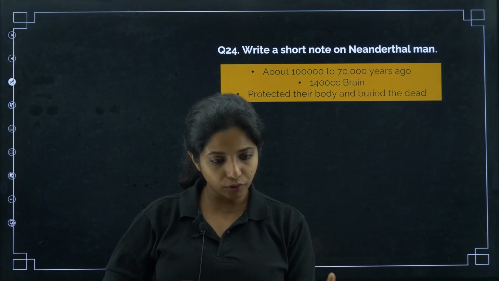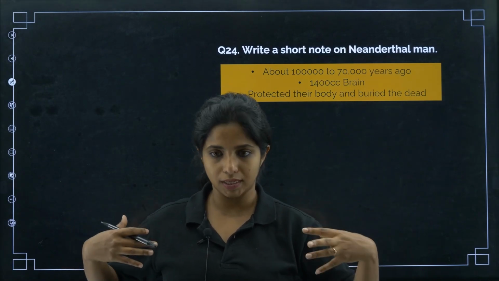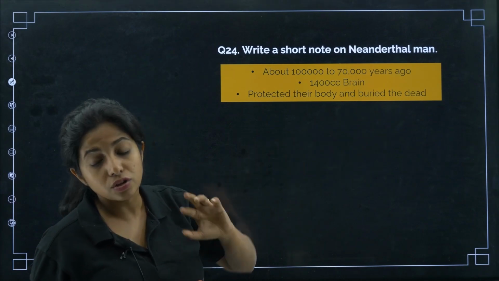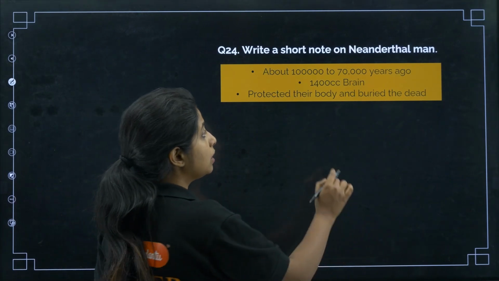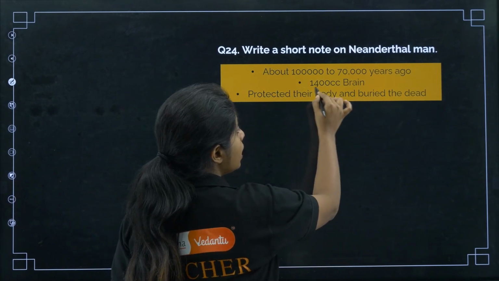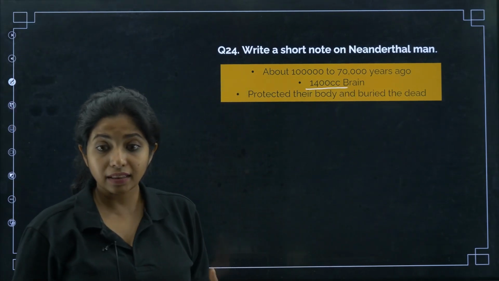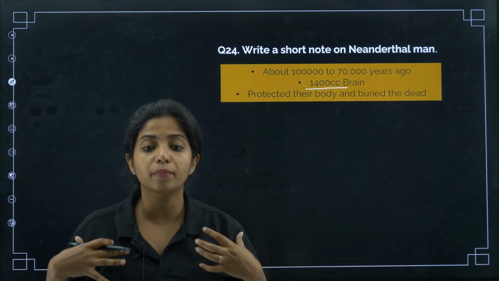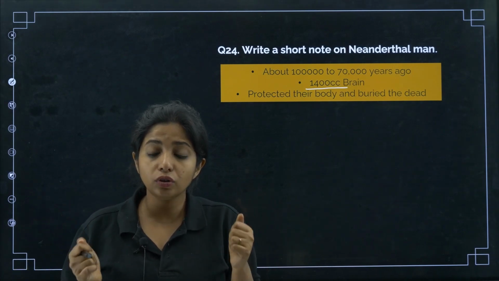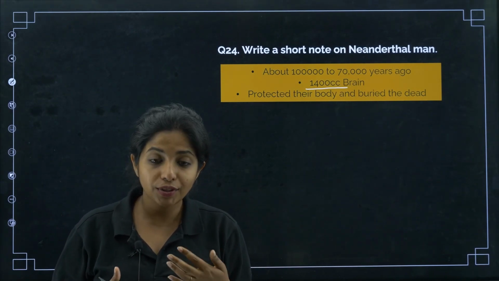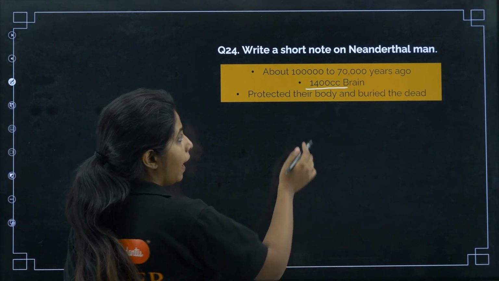Neanderthal man were closer to us. They were found about 1 lakh to 70,000 years ago, my dear children, and the cranial capacity was 1,400 cc. They started protecting their body. They covered their body, and they were the ones who buried their dead also. That is something uncommon. So they were kind of nearer to us.